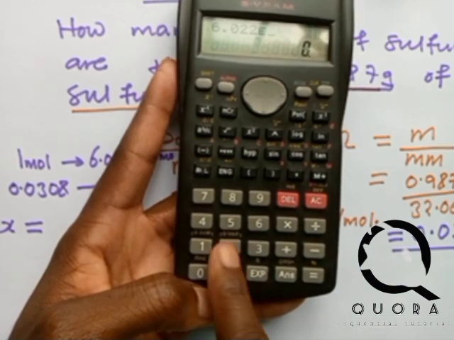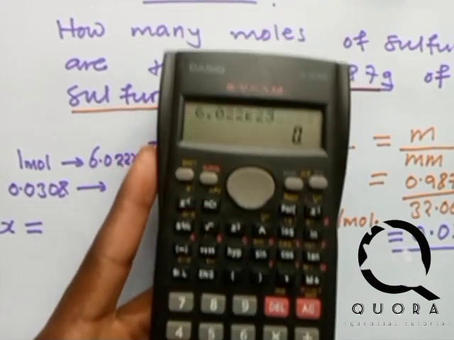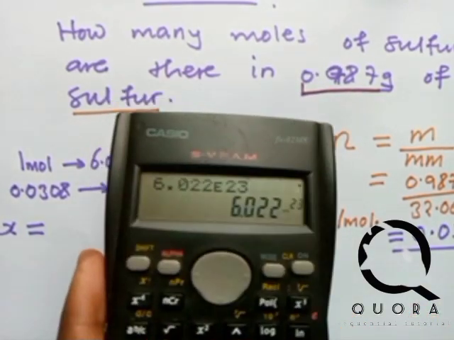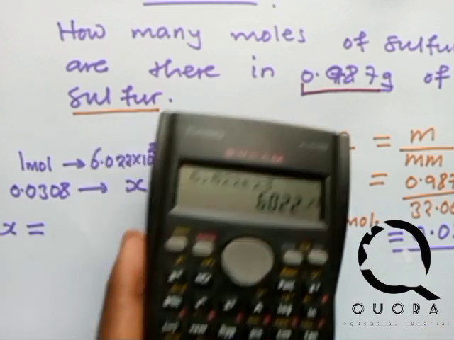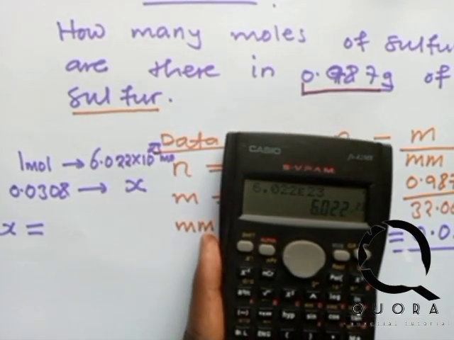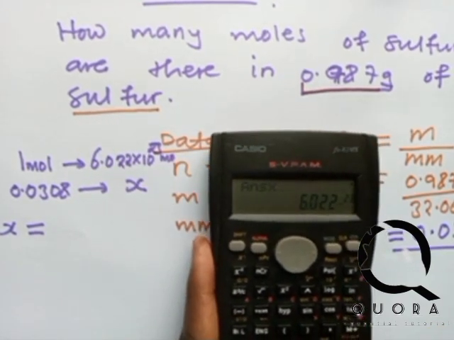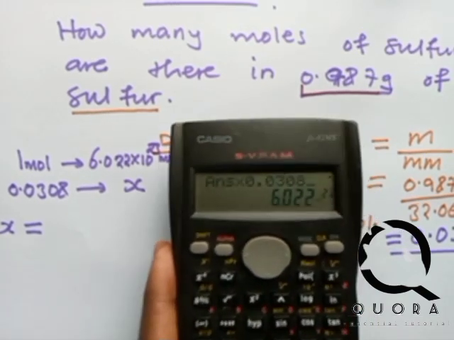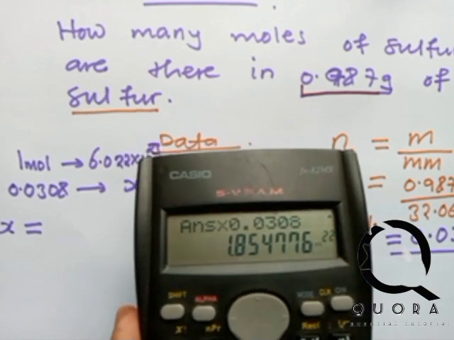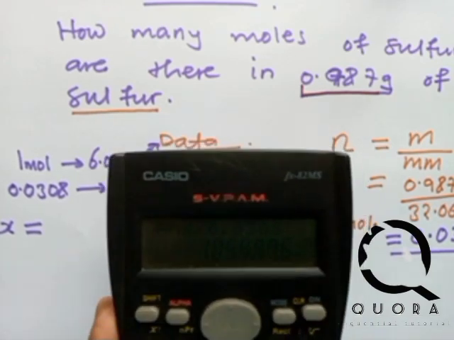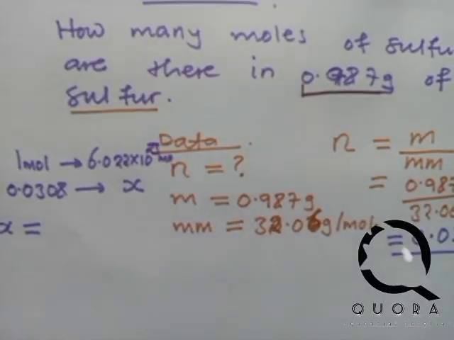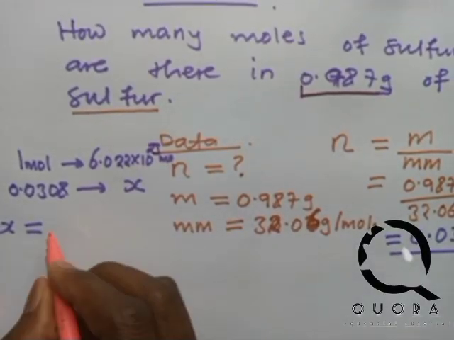So you just write 23 there, then multiply by 0.0308 and say equal to. This becomes the total number of atoms, molecules or particles that we can have out of that given mass.